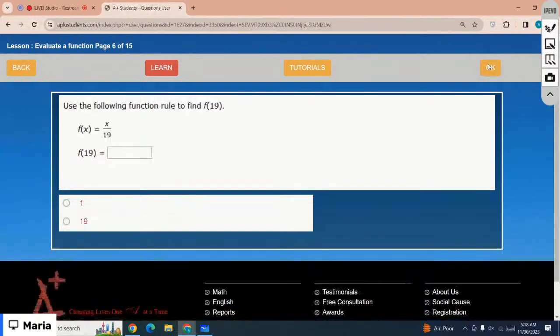Use the following function rule for f to find f of 19. So which is the correct option?